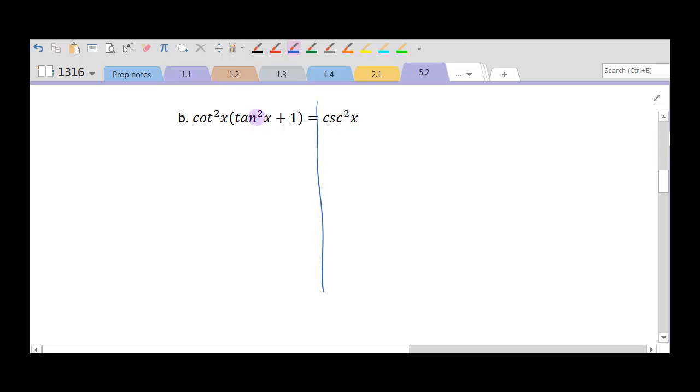Before I just jump into distributing this, anytime I see tan squared x plus 1, a combination like that, I want to think about Pythagorean identities. I can rewrite tan squared x plus 1 as secant squared x. That just simplified it a whole lot for me.